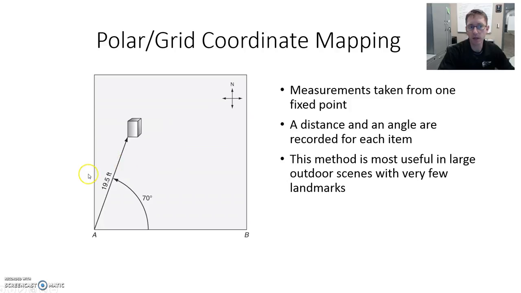This is really only used at major, large-sized crime scenes outdoors, where what you're doing is you're creating a baseline, you're measuring your distance from your reference point to an object, and then what is the angle of the line you've created. And basically this is used for making measurements that are going to be hundreds of yards long, where we just literally don't have measuring tapes long enough to make these measurements.